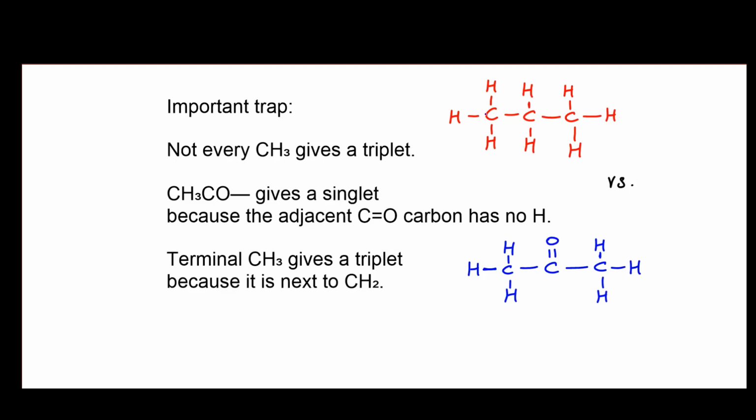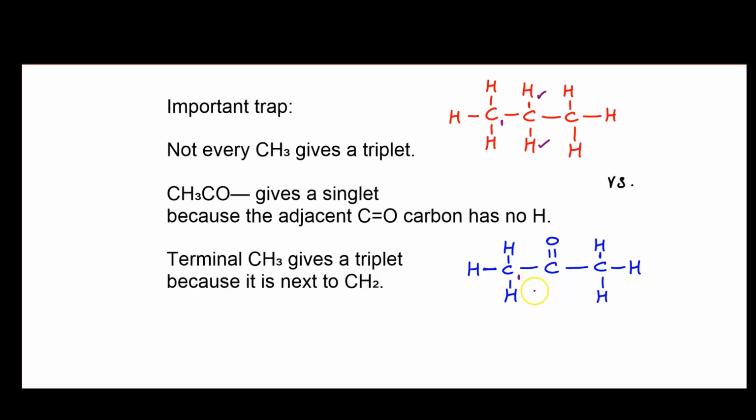Now, let's look at these two examples. This carbon is connected to 2 neighboring hydrogen atoms. So, it will display 3 lines. Because 2 plus 1 equals 3, it will give a triplet. But, if you look at the example at the bottom, this carbon is connected to a carbonyl carbon which has no hydrogen atoms.